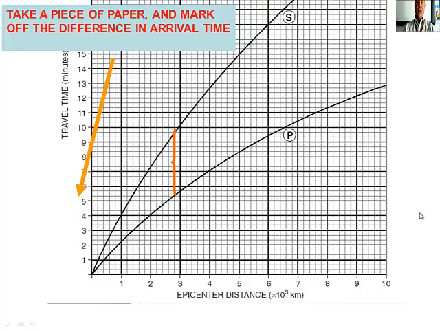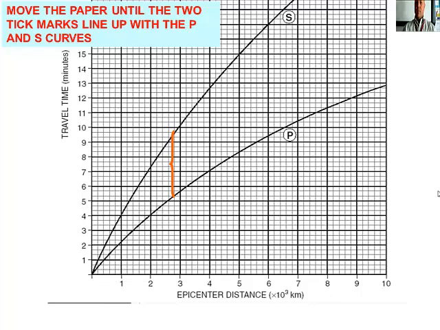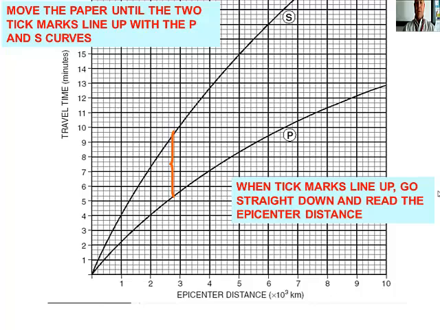We measure in from the arrival, so 4 minutes away. And there we go. That's how far away the epicenter is, from where our station was. Mark the paper and the ticks, measure it in, and then the tick marks go up the line, straight down, and read the epicenter distance. And that tells us our distance.